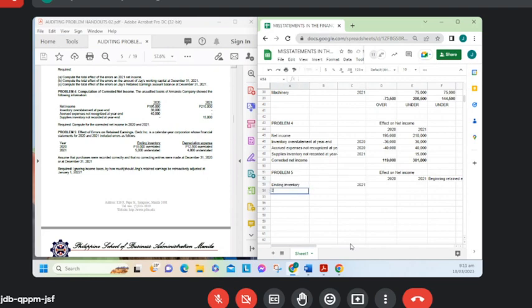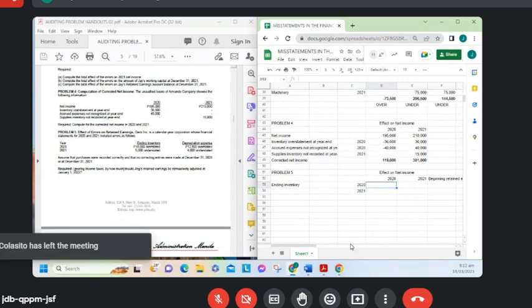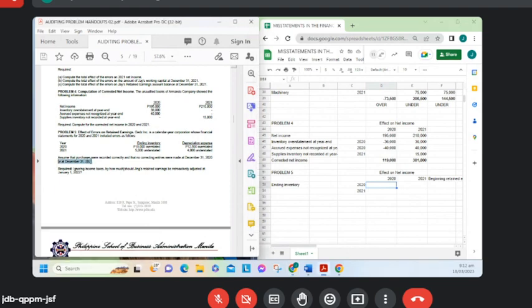There's an error in 2020 and another error in 2021. So in 2020, the ending inventory is overstated by 15,000. It says here below, assume that the purchases were recorded correctly and that no correcting entries were made at December 31, 2020 or at December 31, 2021.